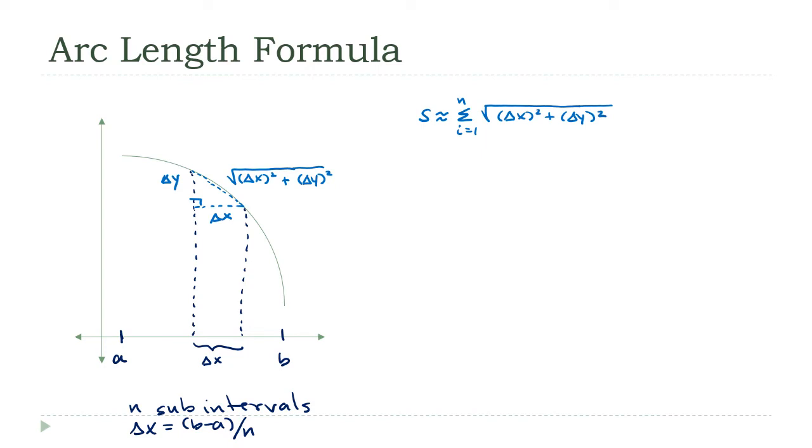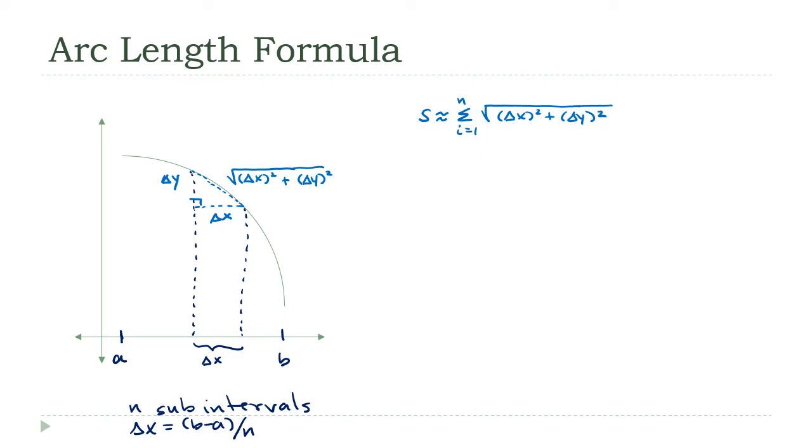Now that's nice, but I really need that delta y to be out of there, because it's delta x that goes to 0 as n goes to infinity, and I don't really know what's going on with delta y. So that needs to go.